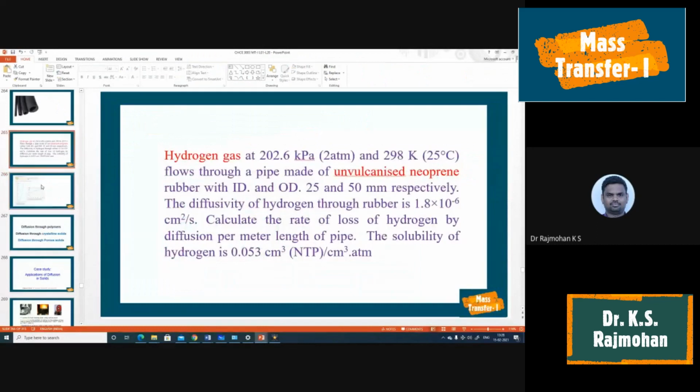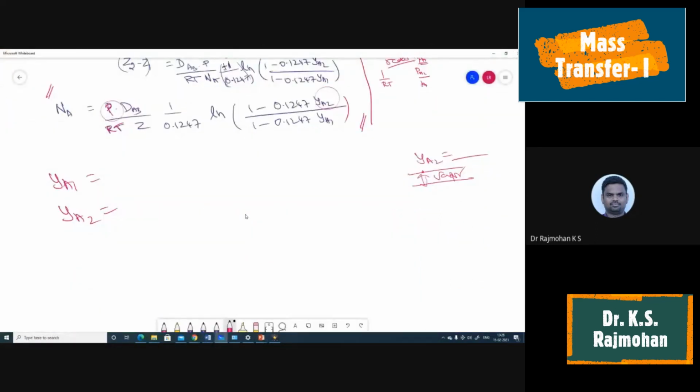Okay, the YA2 we have clearly mentioned: in vapor phase the composition is 0.76, right? But YA1 is given indirectly, because usually, if it is simply a water drop, we took PA equal to PA naught into XA.